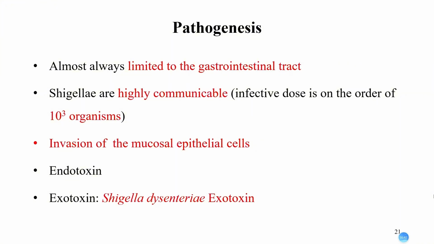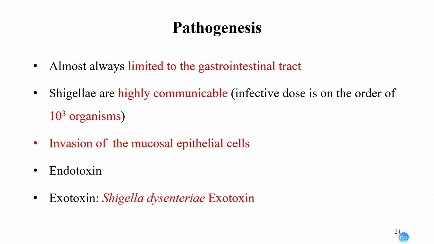Does anyone know the meaning of communicable? It means it's very infectious. A very low number of bacteria could infect a person. So here it says that the infective dose is as low as 1,000 bacteria. 1,000 bacteria is a relatively low number.